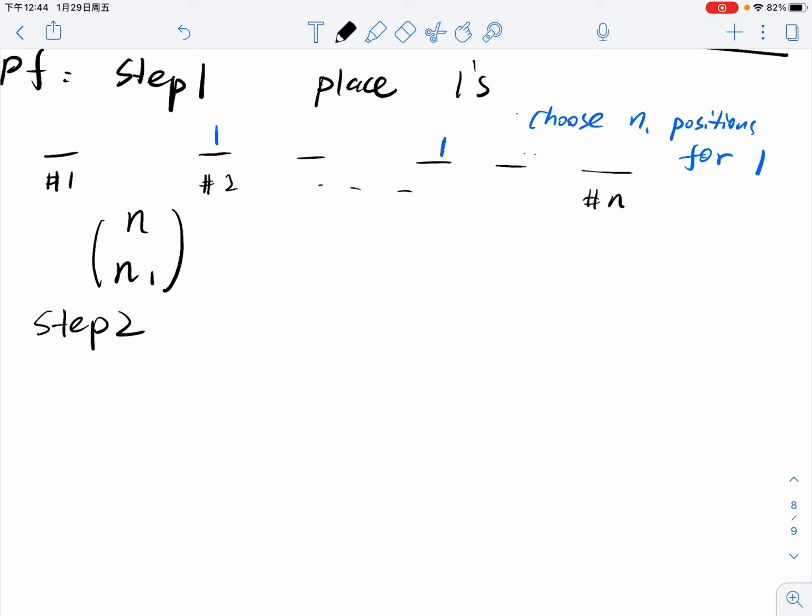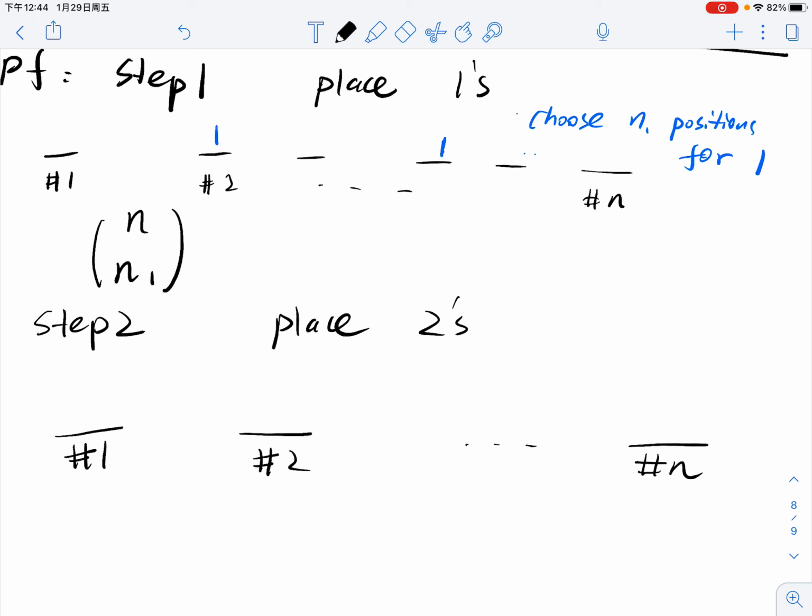And step 2, let's place the 2's. Now the configuration you have is n positions, but some are occupied by 1's.